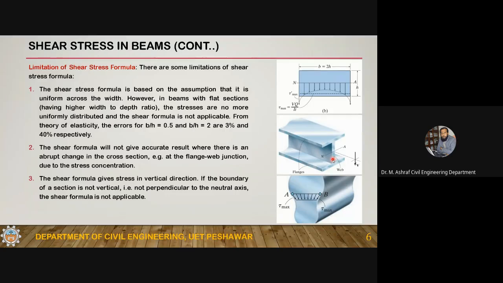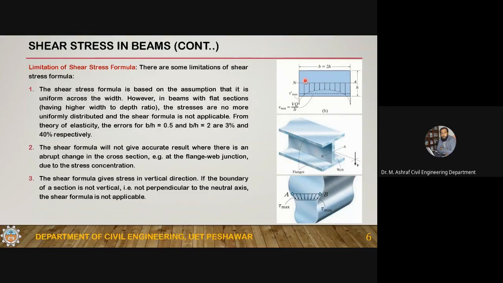Okay, the third point is that the shear formula gives stress in the vertical direction. If the boundary of a section is not vertical, not perpendicular to the neutral axis, the shear formula is not applicable. We are getting stresses in the vertical or horizontal direction. Horizontal is along the length of the member, and vertical is vertical.